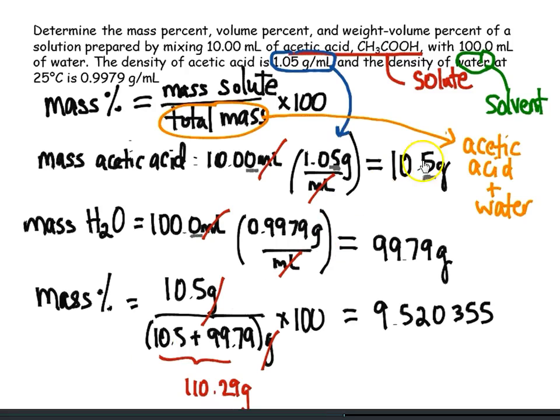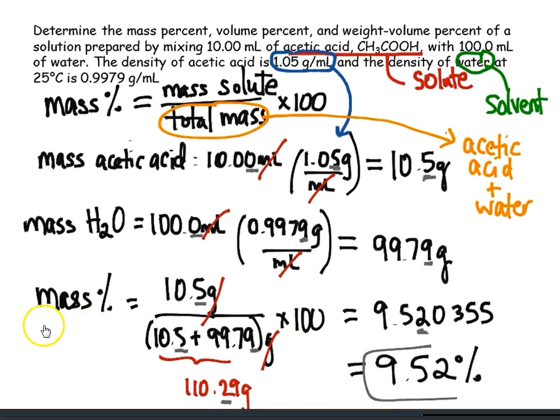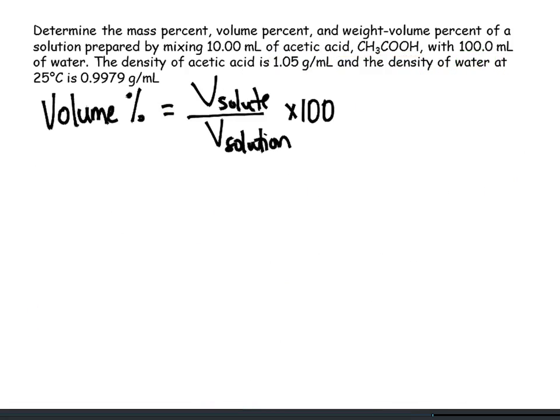I'm underlining that at the top up here. And then 100.0 mLs has 4, and 0.9979 has 4. In the denominator, I added 10.5 and 99.79, which gives me 110.29. That has 4. So my final answer should have 3 significant figures, 9.52%. Now as we move on, we're going to do volume percent.